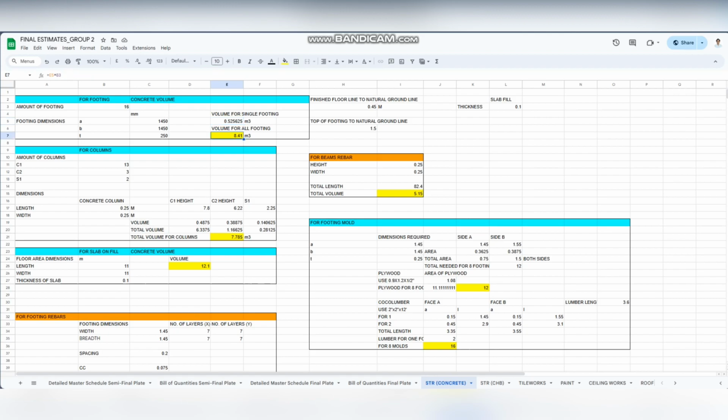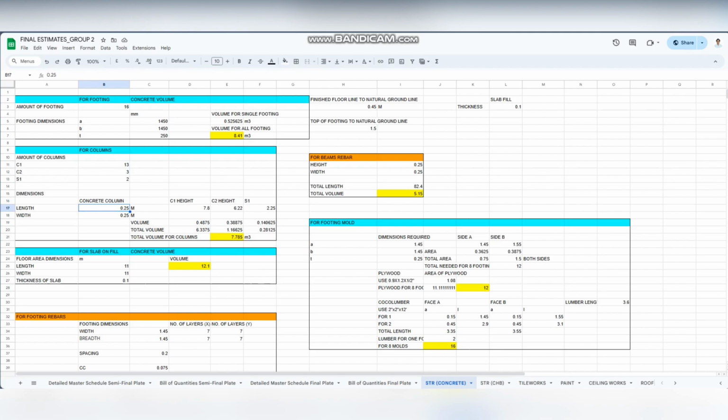And for the columns, there were three different types of columns, so I labeled them C1, C2, and S1. The C2 is a shorter column than the S1, which stands for support column 1. It was an even smaller column.